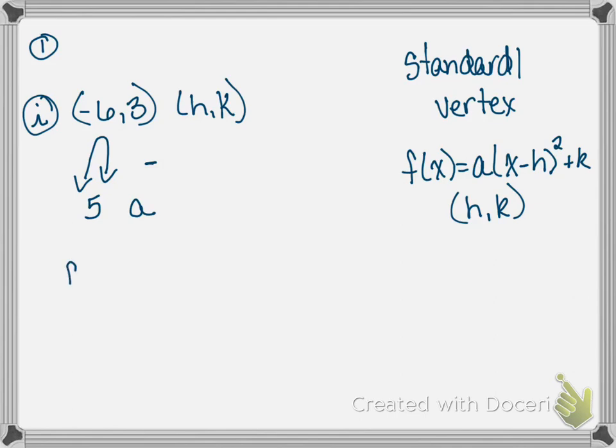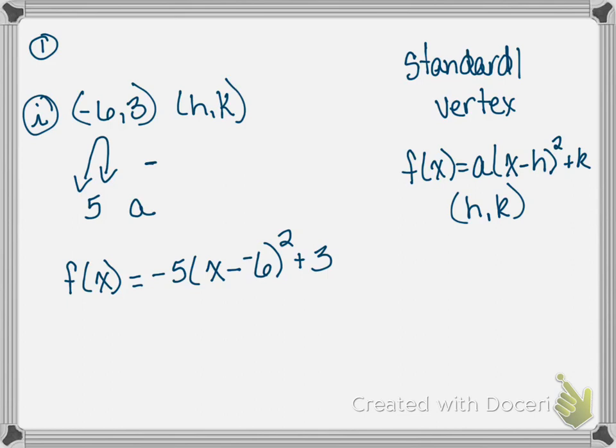So our answer to this is f of x equals -5, and we have x minus -6. You want to be careful with that because it's minus a minus, and so that's going to turn into a plus. And then we have plus 3. And I forget that squared a lot, but we do have that squared right there.